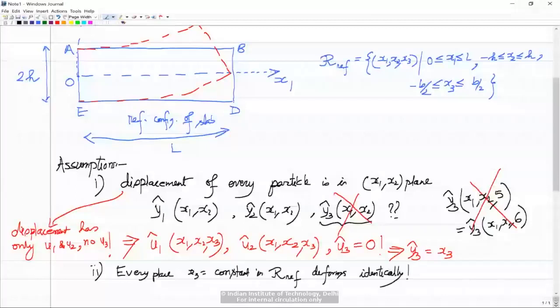Okay, what do you think? What is this going to lead to? Anyone? What does this mean?